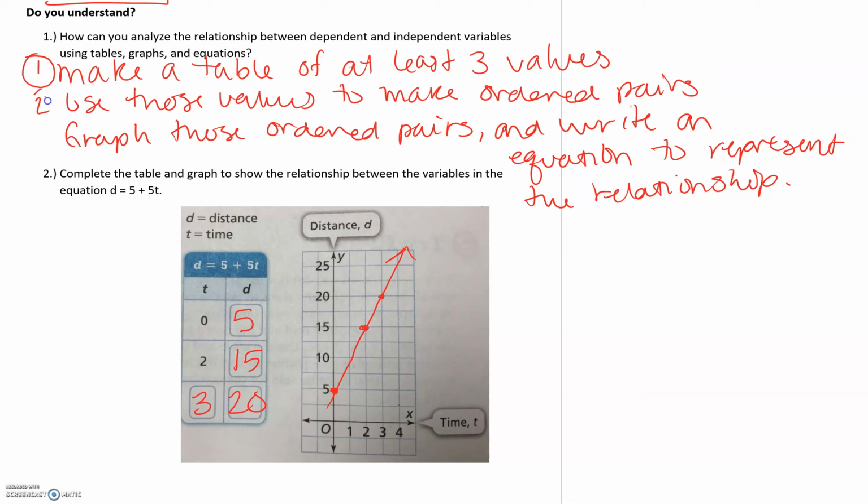Use those values to make ordered pairs and graph the ordered pairs. And then 3, we want to write an equation to represent the relationship. And then the second question just asked you to complete the table. Your value down here could be different than mine, but our line should be the same, whether you chose to go with 4 or if you chose to stick with just 3. But our line should still be lined up.